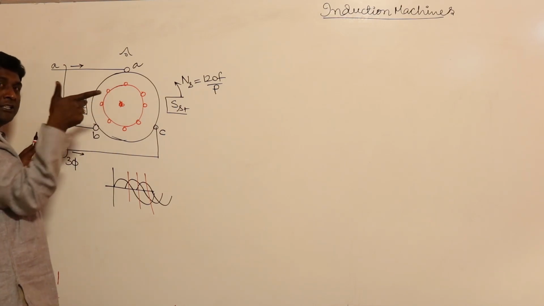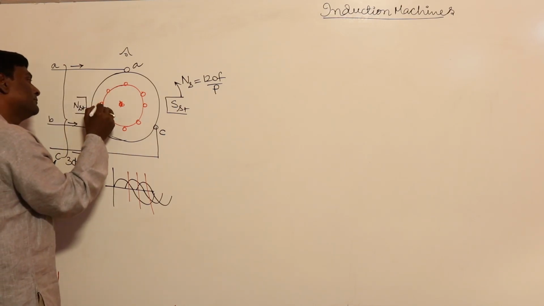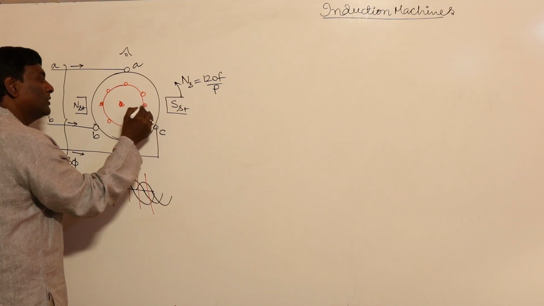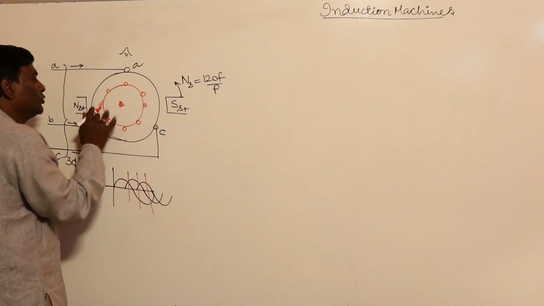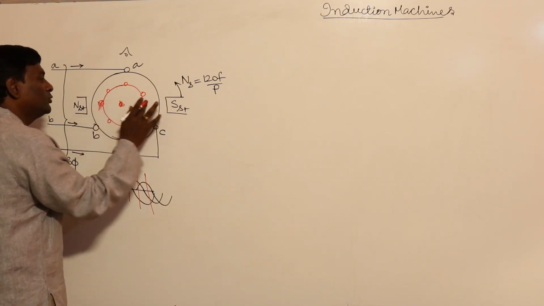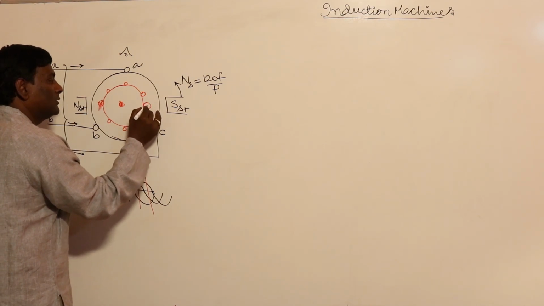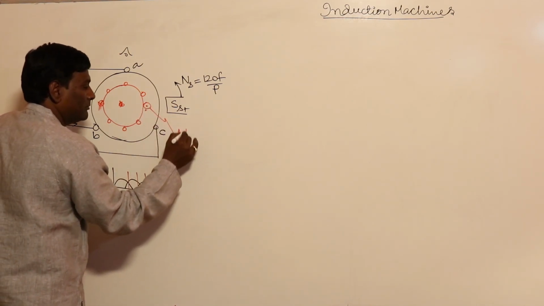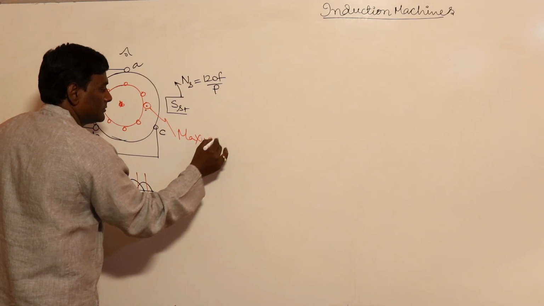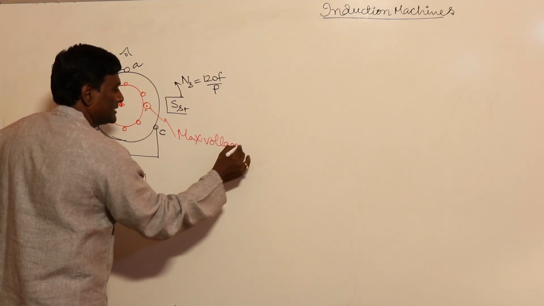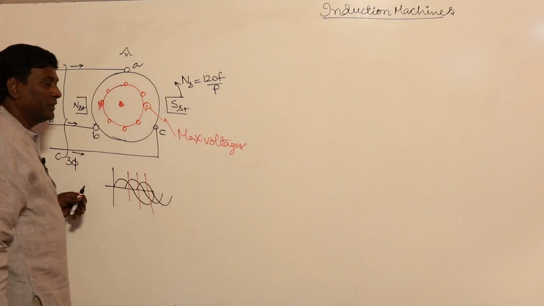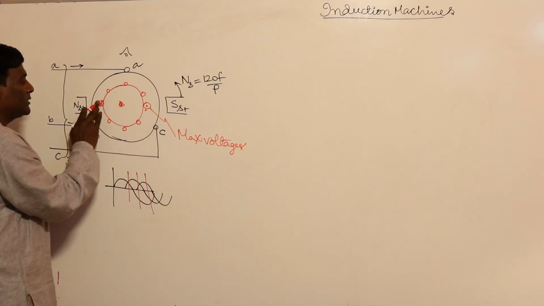So my induced voltage is going to be cross here, and induced voltage is going to be dot here, which are nothing but maximum voltages. So this is going to be the maximum voltage position.